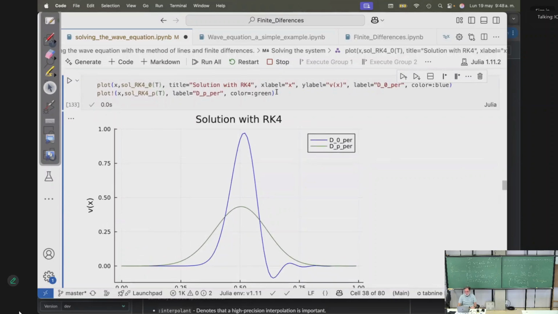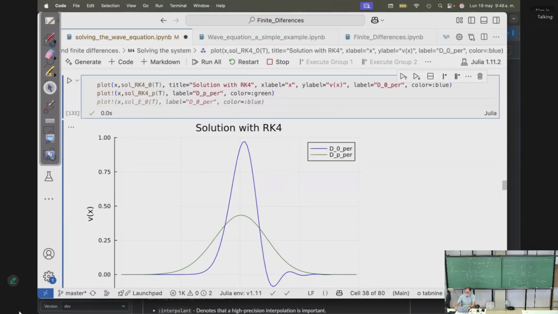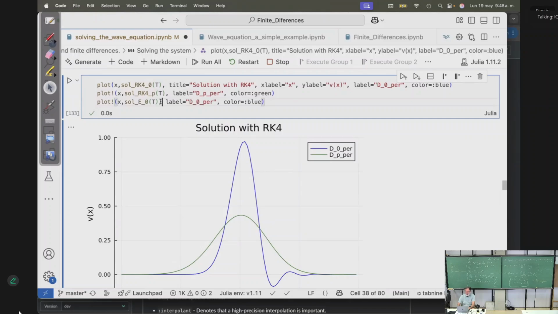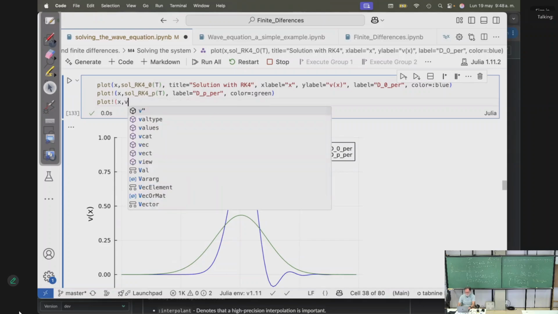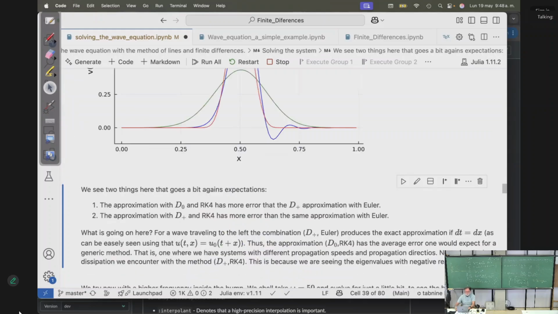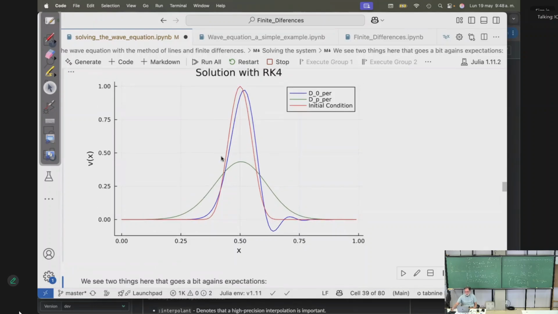Let me compare them. Here we have in red the initial data, in blue the solution with the center difference, and in green the one with d plus.